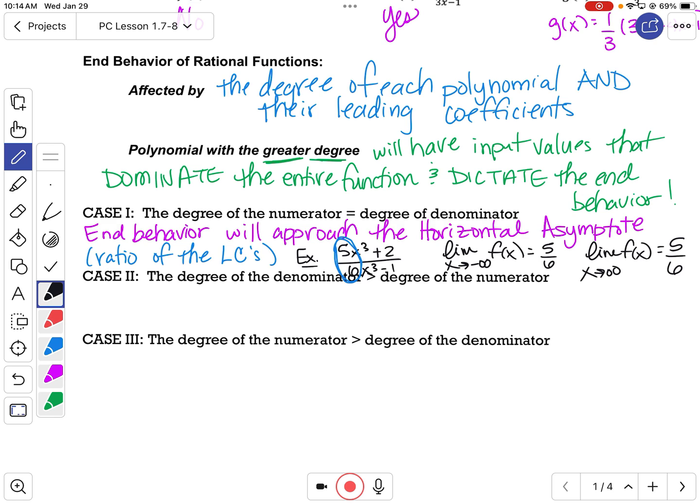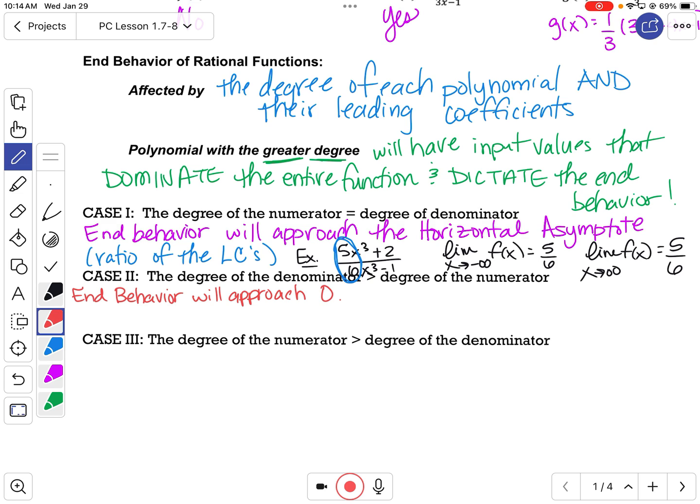All right, case 2. The degree of the denominator is greater than the degree of the numerator. When that happens, our end behavior will always approach 0.